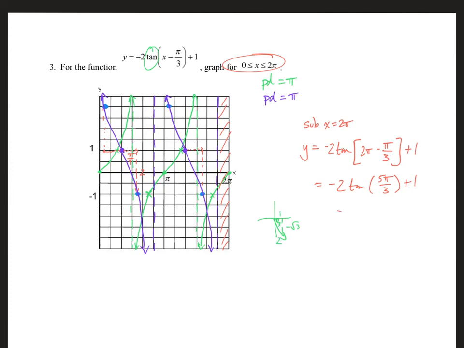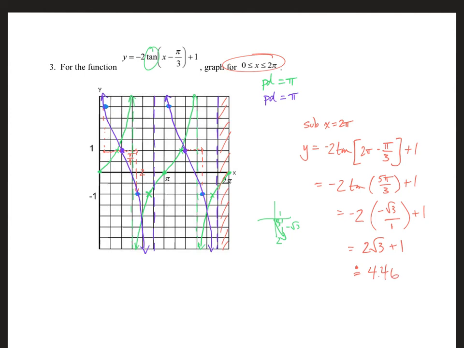My tan value then would be opposite over adjacent. And so what we end up getting is 2 root 3 plus 1. I'm not saying that you know the value or where to plot 2 root 3 plus 1, so you get a decimal approximation, and you would find that it was approximately 4.46.